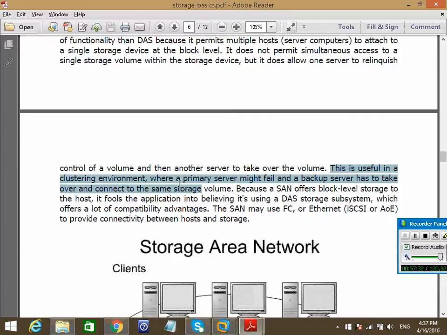Because the SAN offers block level storage to the host, it fools the application into believing it's using a DAS storage system. Basically, the LUNs that are mapped to the host, we assume that it's a local disk.